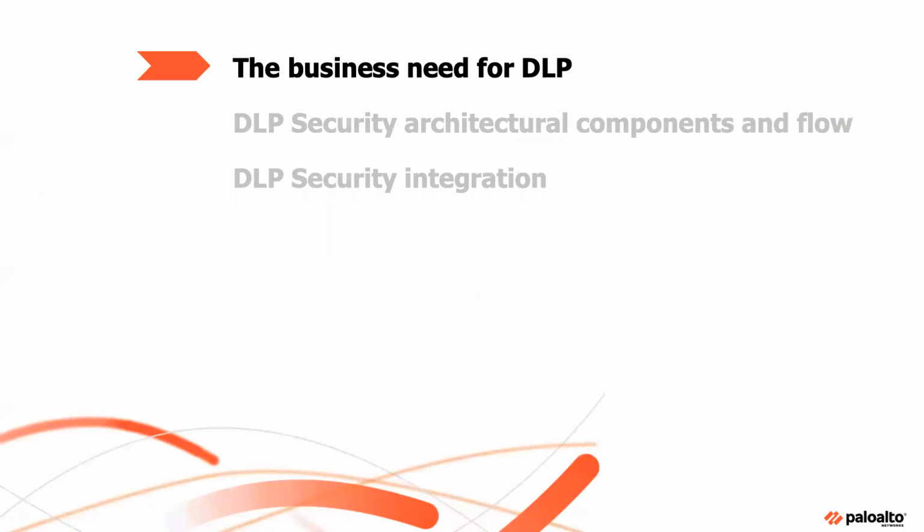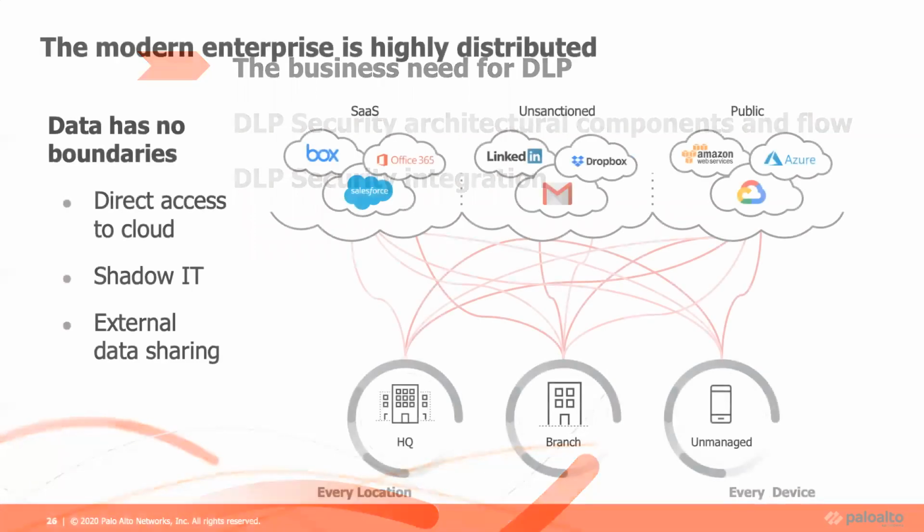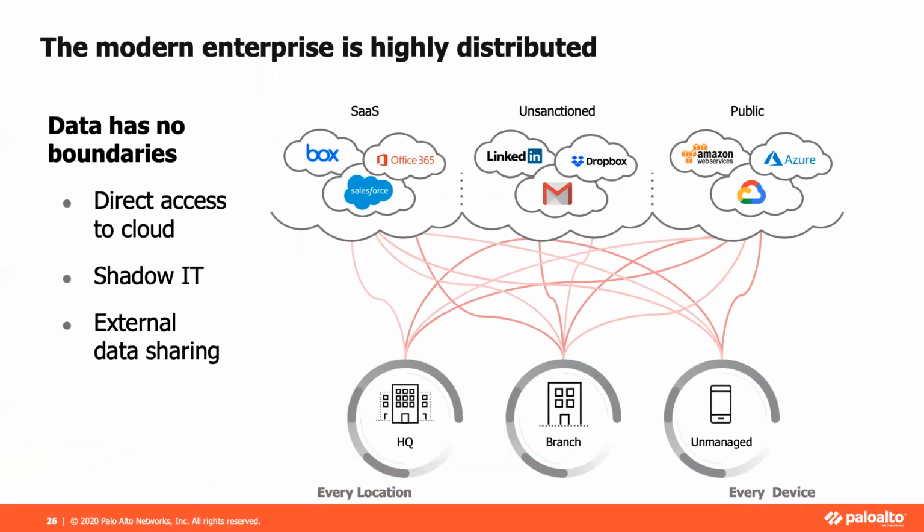DLP is the other piece I wanted to talk about today. So why do you need data leakage protection? Well, when you think about it, things have changed over the years.